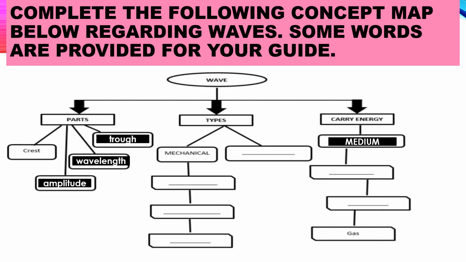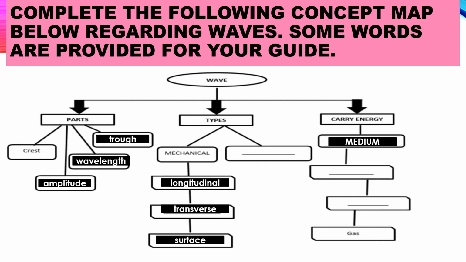Kung walang vibration, waves cannot transfer energy. Tandaan yan. Vibration is the way where waves can transfer energy. So under mechanical, we have longitudinal wave, transverse, and the surface wave.